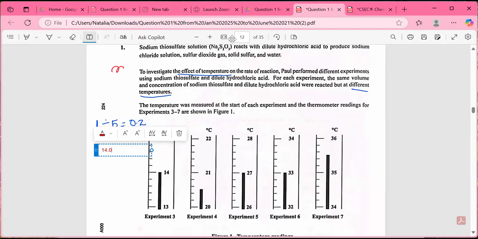Experiment 4 would now be what? What would be the temperature at experiment number 4? Hello? 20.25.